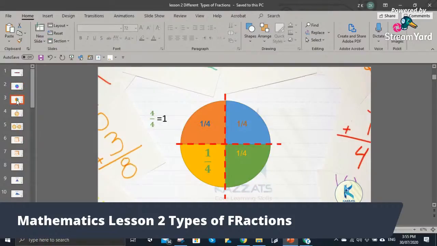One whole figure is 4/4, or the total number of parts over the total number of parts. If we divide the figure into 4 parts, it will be 4/4. If we have a figure with 7 parts, it will be 7/7. All the parts should be equal to identify the fraction. In this case, all the 4 parts are equal.